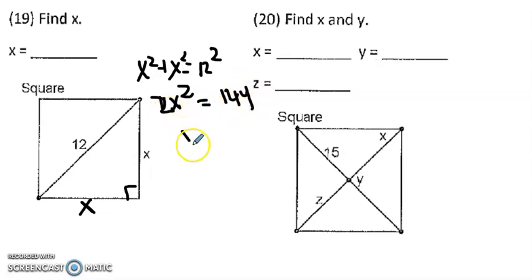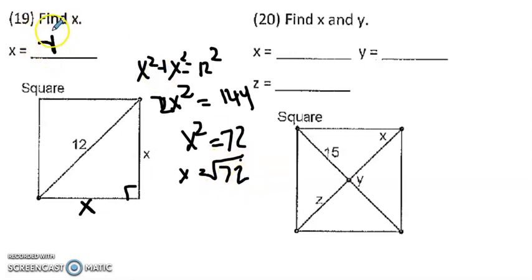If I divide by 2, that means x squared is 72. And then x would be equal to the square root of that. So x is the square root of 72.